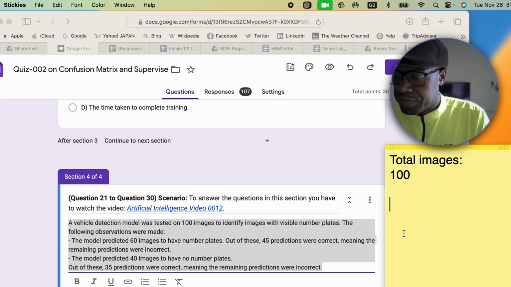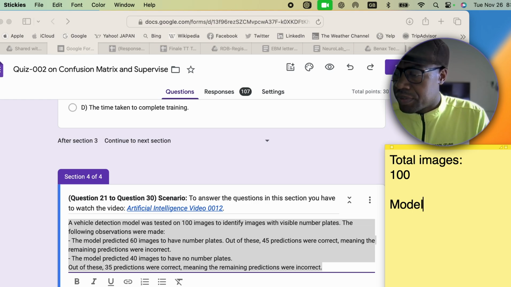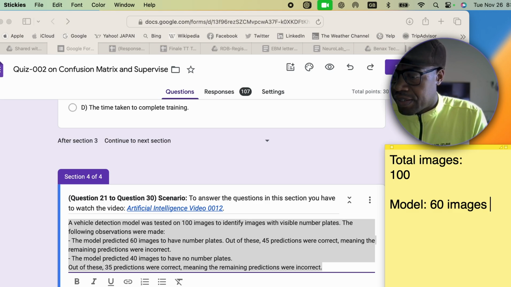That's the model's perspective. According to the model, 60 images are visible, have number plates.